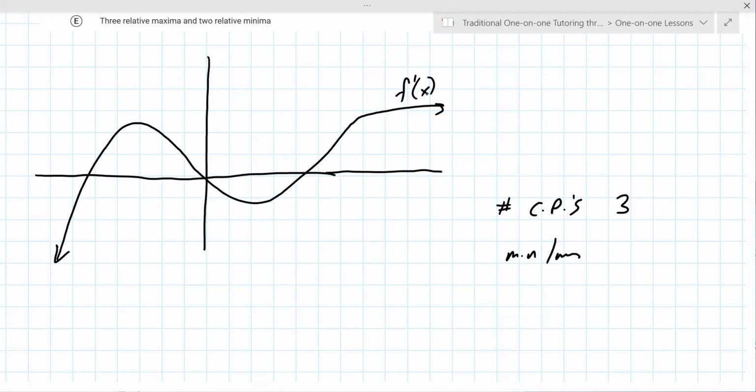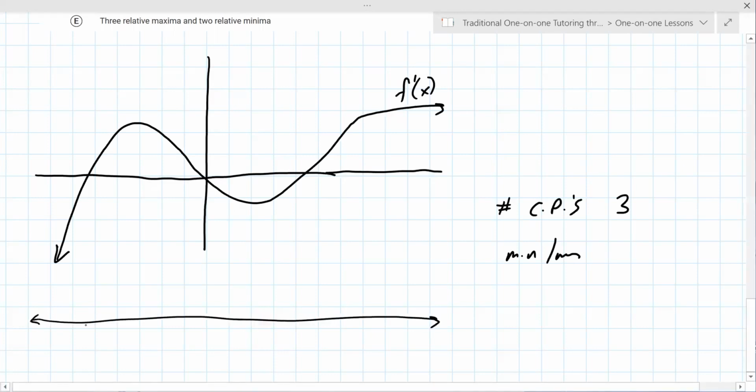So I'm looking for there are 3 mins and 0 maxes, or 1 min and 2 maxes. And I still recommend making a sign chart.